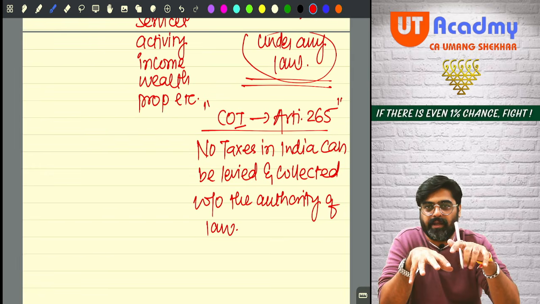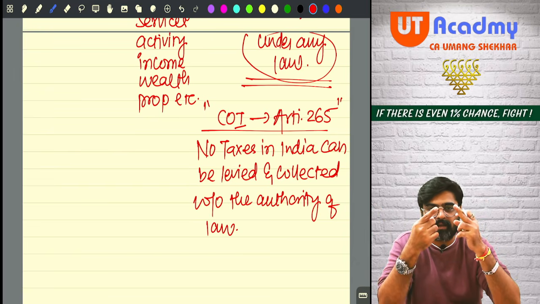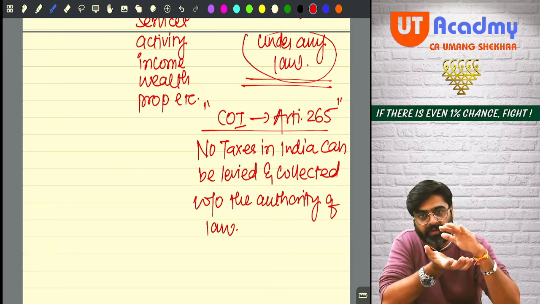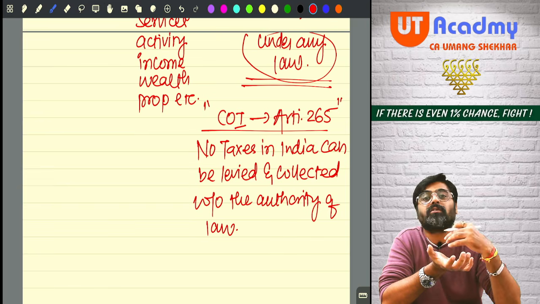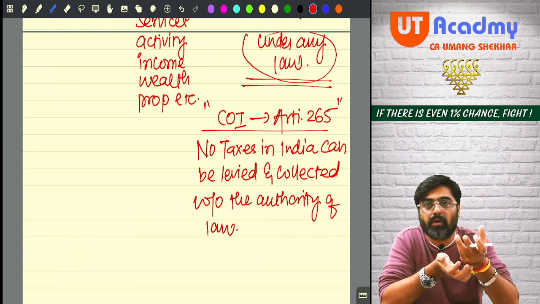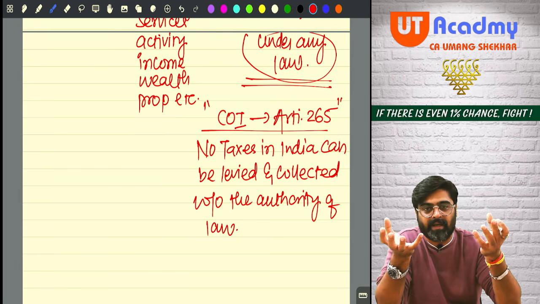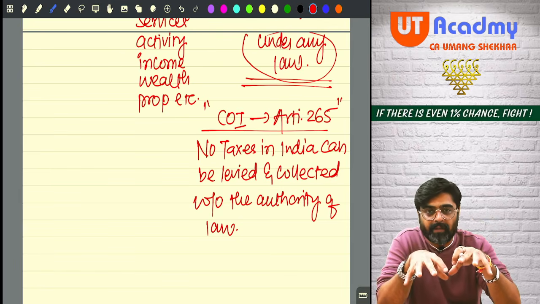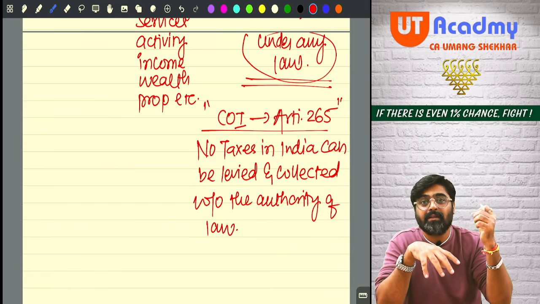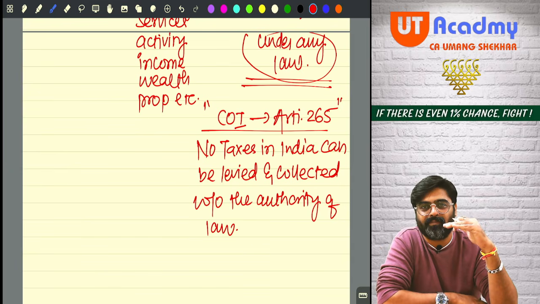See, India is a country where there are two types of governments. To run the entire country, there is one government known as central government. But to run a specific state, there is a government at every state level also. So we have state governments also. So since we are having two types of governments in India, and the government does not exploit its citizens of India, the government are put under some restrictions also.